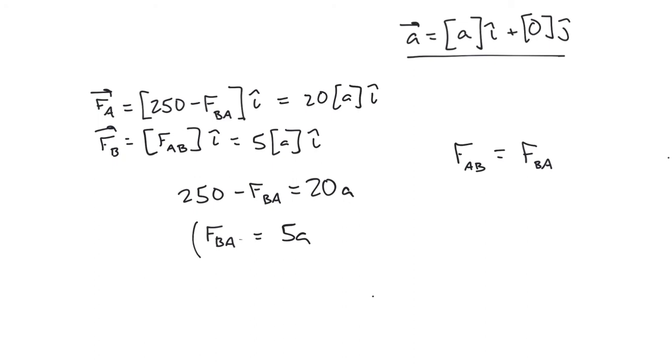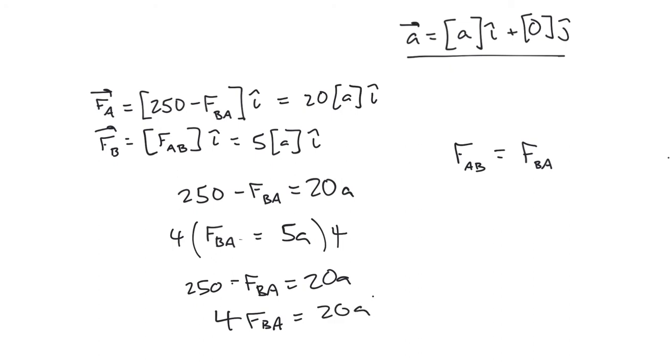The way I would do it is multiply each of these by a 4. That's bad notation, but you get 250 minus force of B on A equals 20A, and then you've got 4 times force of B on A equals 20A, and then you can subtract this whole equation. I don't have enough space, so I'm going to write it over here.